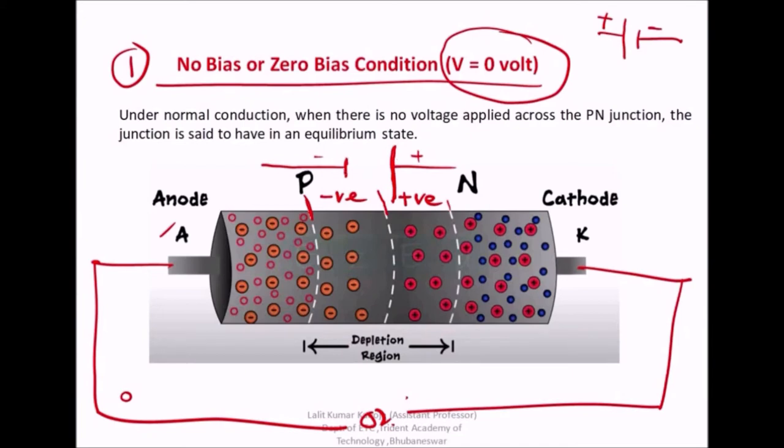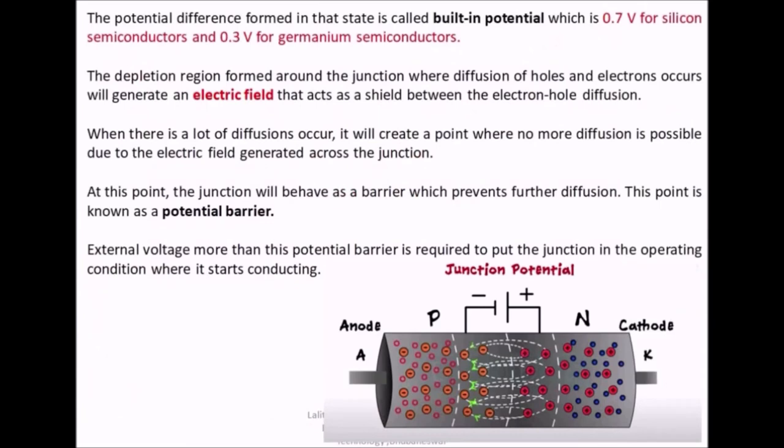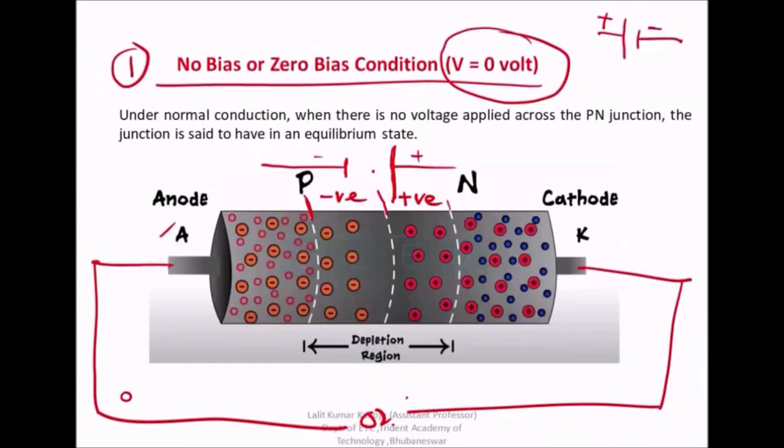Next, remember this one. There is a battery created in the middle, and the value of this battery is 0.7 volt if it is silicon type, and 0.3 volt if it is germanium type. This is very important.